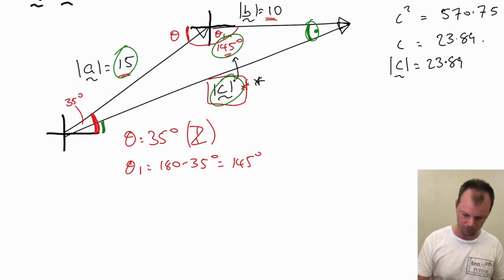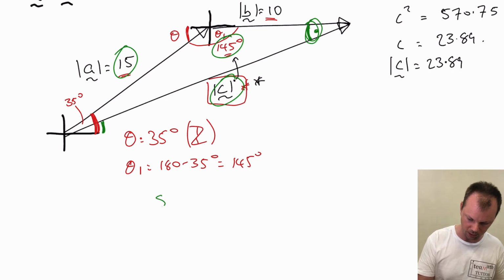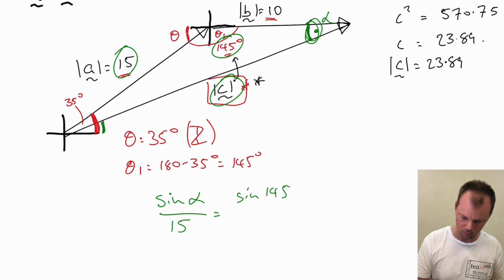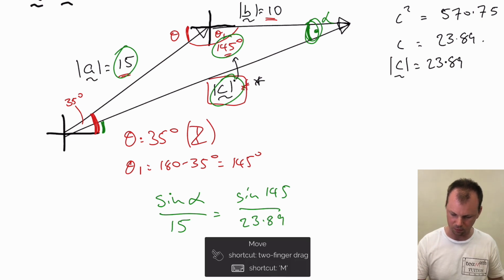So we've got our unknown, which is up here. So I'm going to put it on the top of my equation. Let's call it alpha on 15. On 23.89. And again, it's good if you can use the exact value for that.